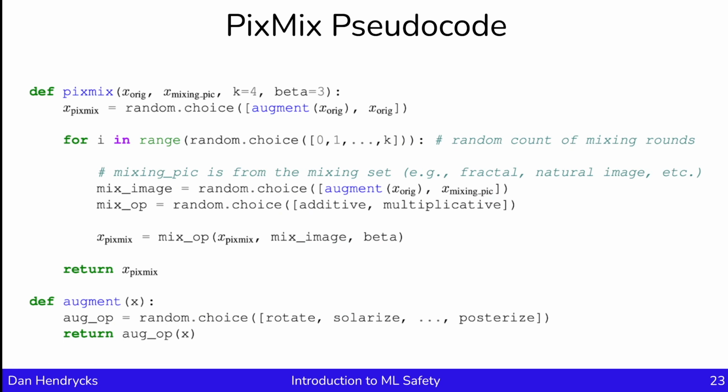Then we sample a mixing operation, which would either be an additive mixing or a multiplicative mixing. X of PixMix is then the mixing op applied to the X of PixMix image and the mixing image, which is also a function of beta, and beta is basically going to affect the convex combination. That's applied for several rounds, and then the image is outputted.